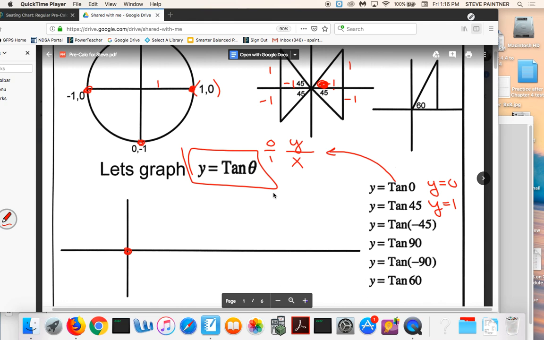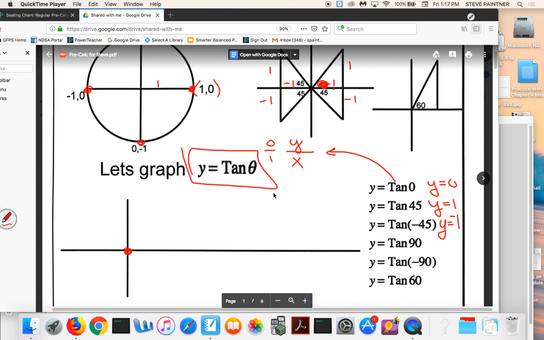Okay, what if you put in negative 45 right here? This one. You get negative 1 over 1. The answer is what? Negative 1. Put in 90. Here's 90 up here. Y over x. What is it?